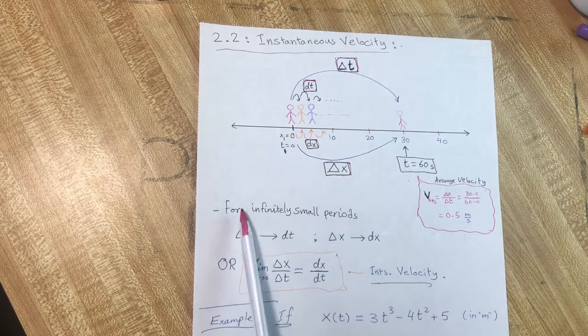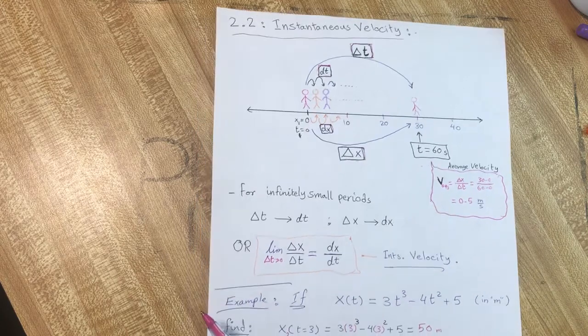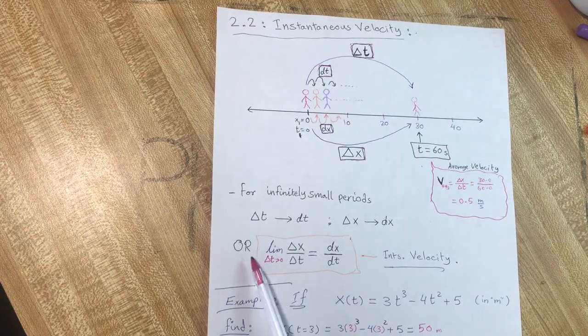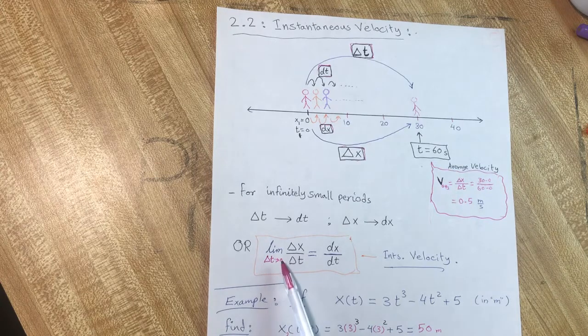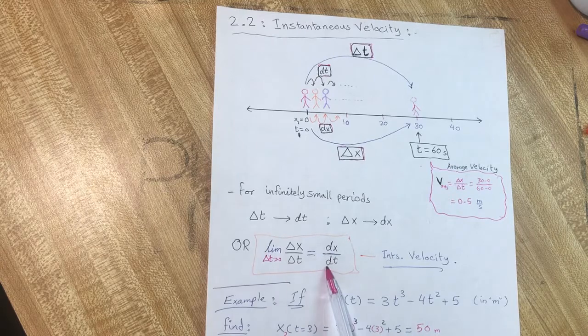So for infinitely small periods, delta t goes to dt, and delta x goes to dx, or in different mathematical notation, the limit of delta x over delta t when delta t goes to 0 is dx by dt. This is the instantaneous velocity, okay? It is the derivative.